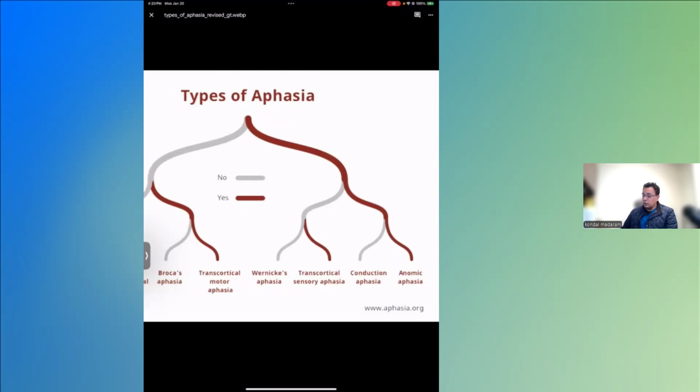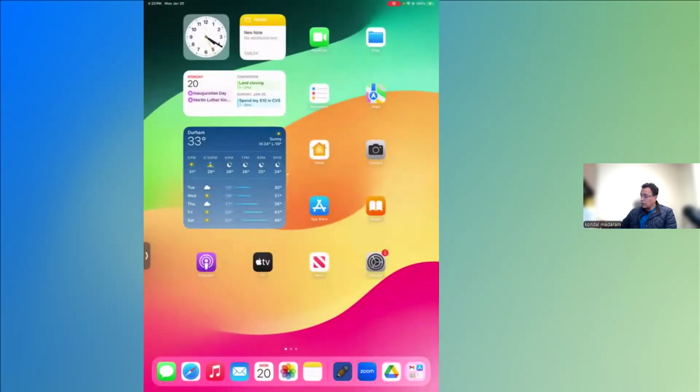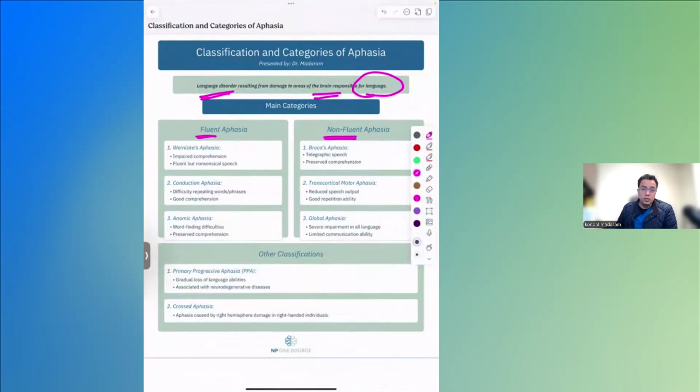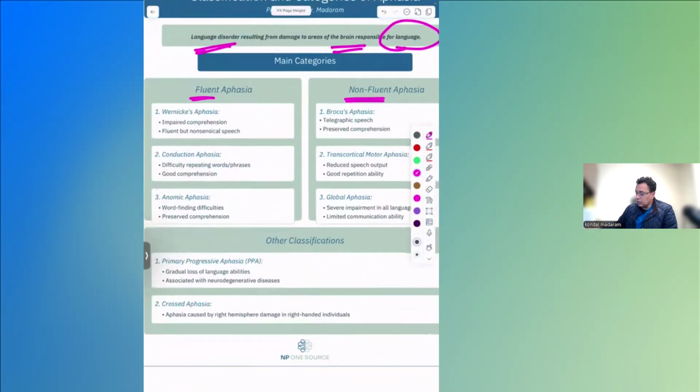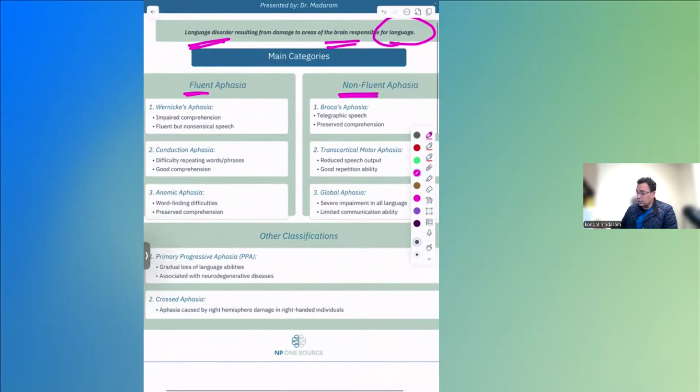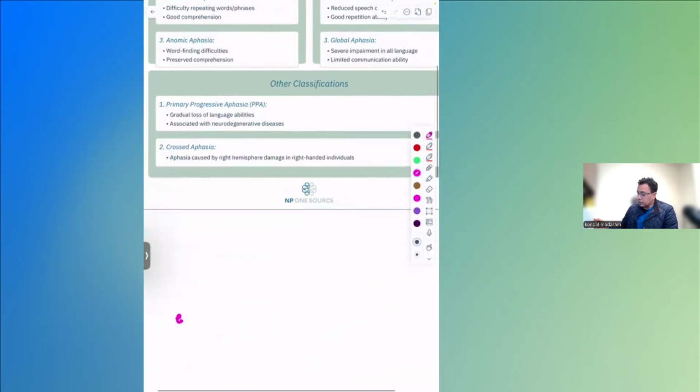So use this chart to help orient yourself with the main things and how to differentiate them. The factors which differentiate are fluency, comprehension, and repetition.